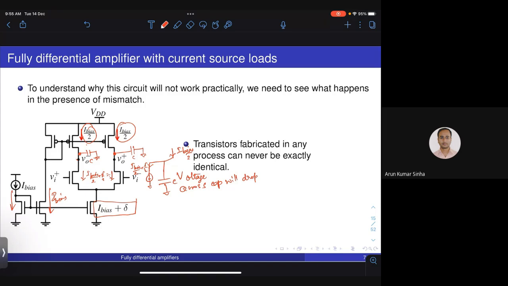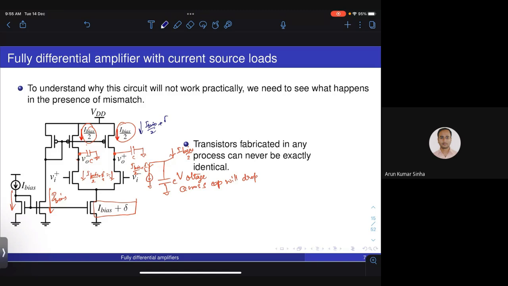Similar thing will happen if the mismatch is on the PMOS side. Let us say the current coming from the top is slightly more than I bias by 2. Then the voltages at the output nodes will keep increasing at a constant rate, which is determined by the mismatch delta.